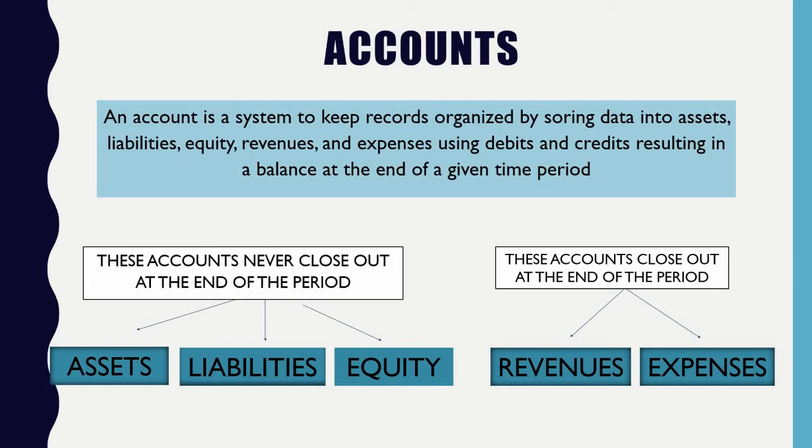So if you close your bank account, that means you're closing up your business and you no longer have it. So that's why it's very important that you understand the difference between permanent accounts and temporary accounts. Your assets, liabilities, and equity need to be open and need to stay open while your revenues and your expenses actually close out. Okay.